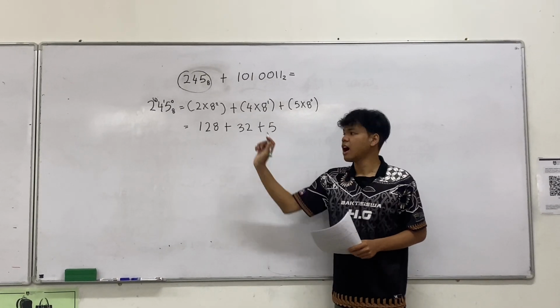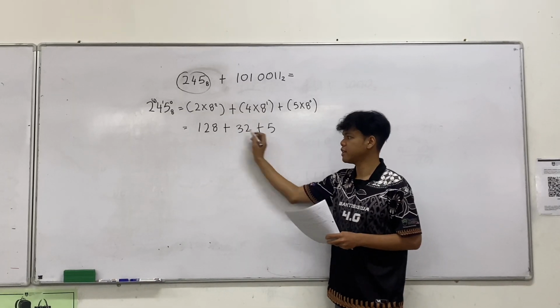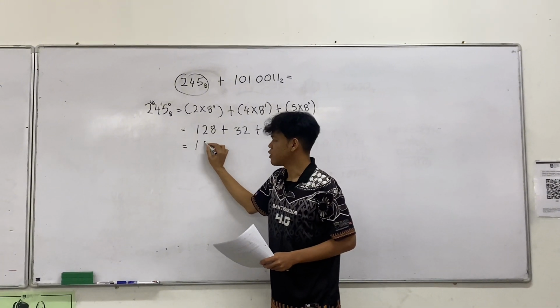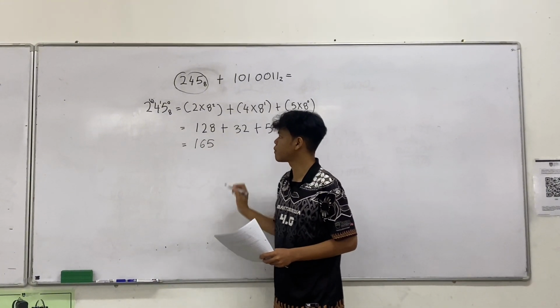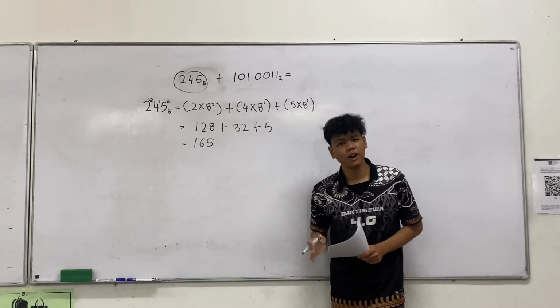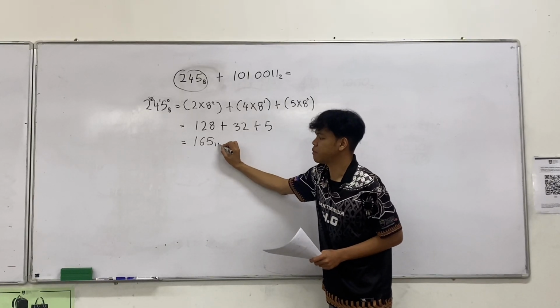After we get all the answers, we add them all, so we got 165. Are we finished yet with this calculation? Not exactly, because this final answer is in decimal number.